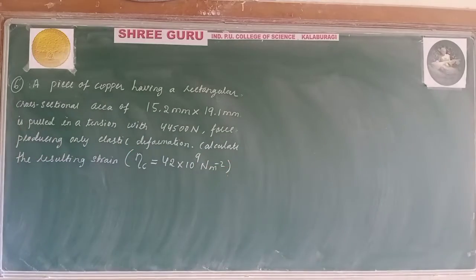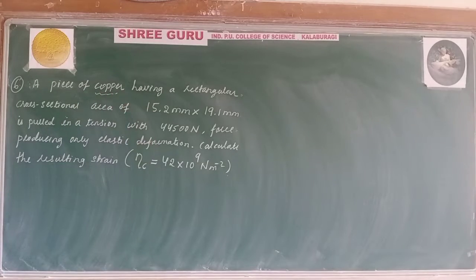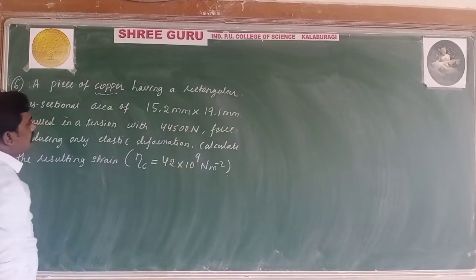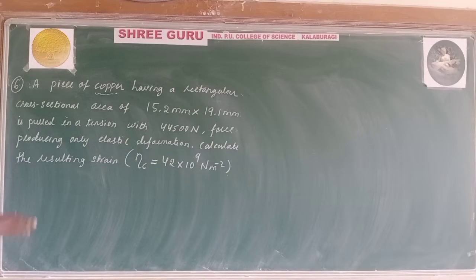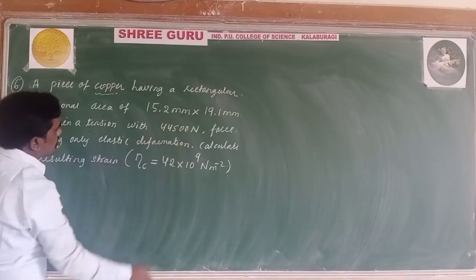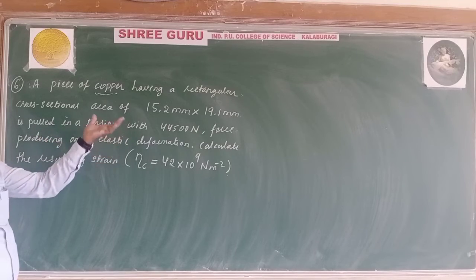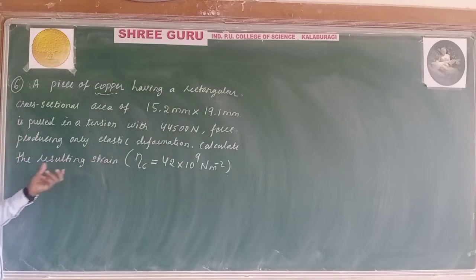The piece of copper has a rectangular cross-sectional area given as length into breadth in millimeters, and is pulled in tension with a force of 44,500 Newton. That much force produces only elastic deformation. Calculate the resulting strain. Resulting strain means we should find the strain.